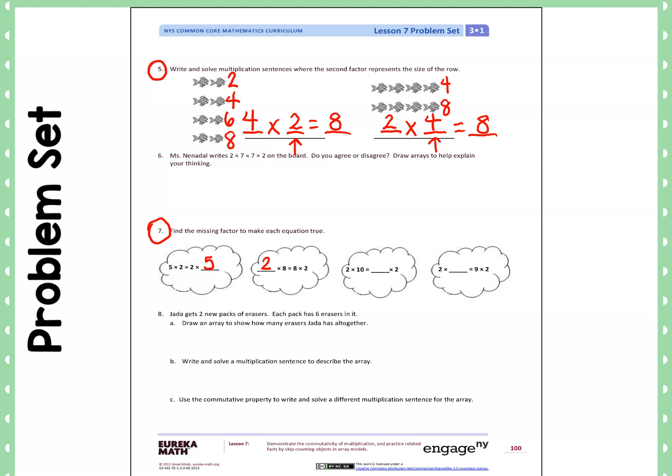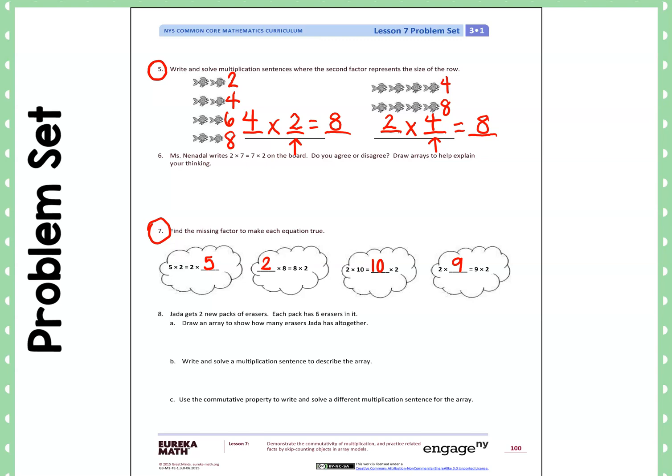Which number is missing? 10. So 2 times 10 equals 10 times 2. Okay, last one. 2 times blank equals 9 times 2. Which number is missing? 9. So we would have 2 times 9 equals 9 times 2.